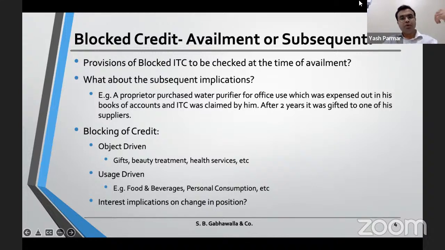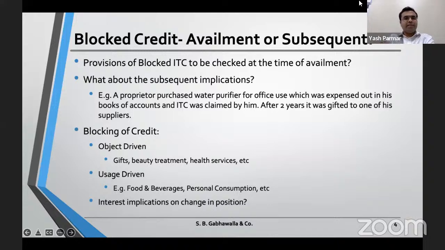The answer is no, because the provisions of section 17.5 are to be checked only at the time of availment of credit for the first time. The subsequent change in usage of the product does not mean that you are again supposed to review the provisions of section 17.5(h).